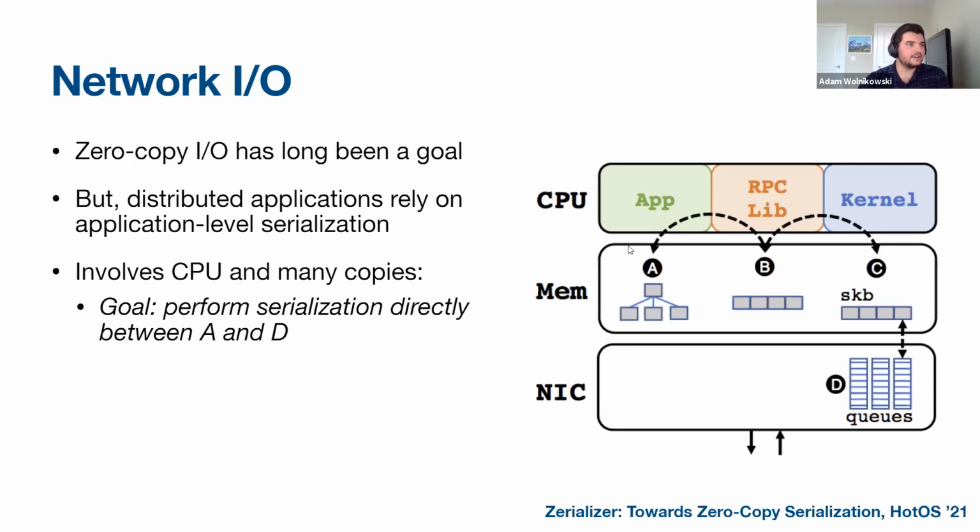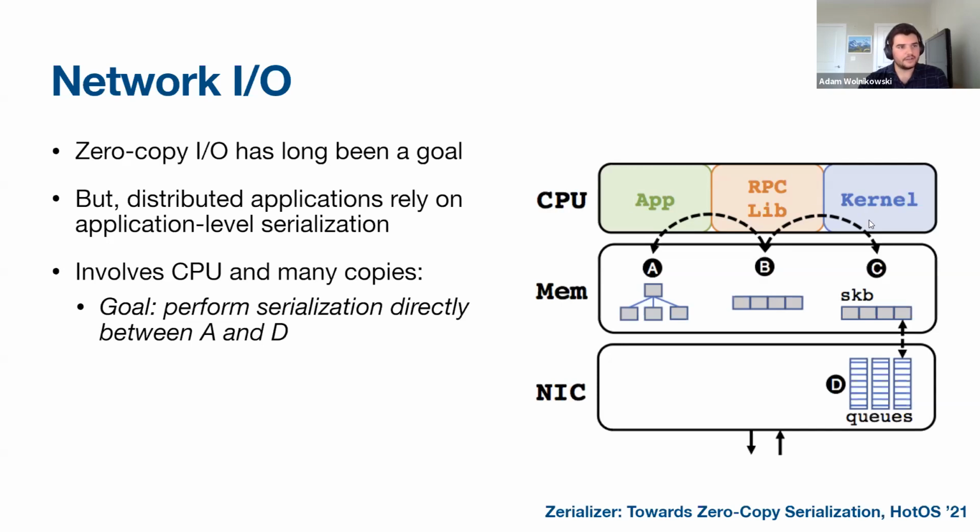To illustrate this, we can see the path that a serialized object takes in transmission from the application. You begin with the in-memory RPC object, unencoded. It goes through the application and the RPC library, and undergoes the data transformation into the encoded RPC format.